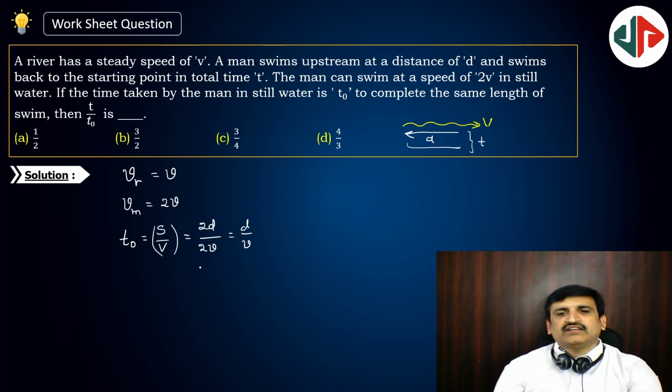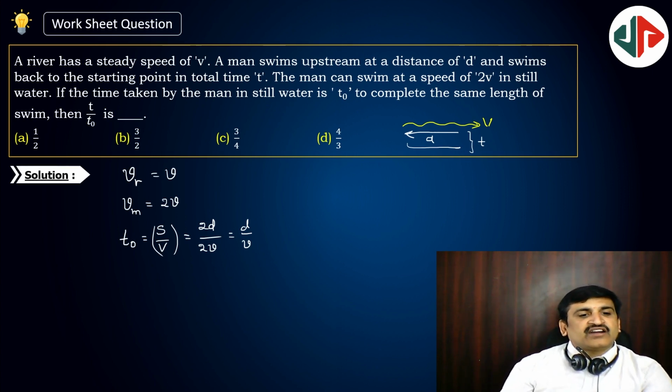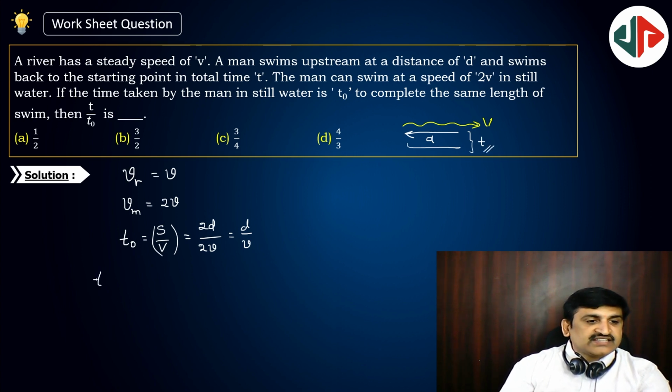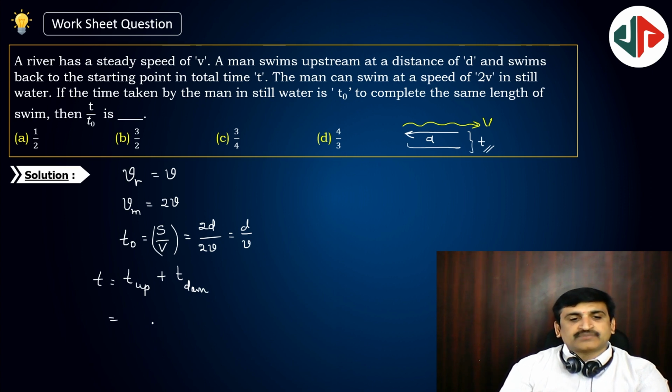And t by t naught is how much? What is t? Upstream and downstream together, right? That t is equal to time taken for upstream plus time taken for downstream, both together. Time taken for upstream is distance by speed, the difference of velocities we have to consider, that is 2v minus v, because it's upstream, plus downstream.